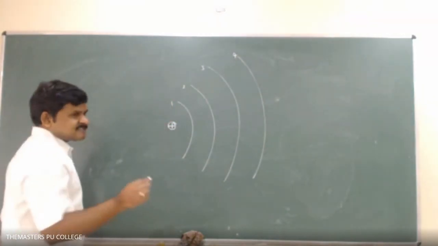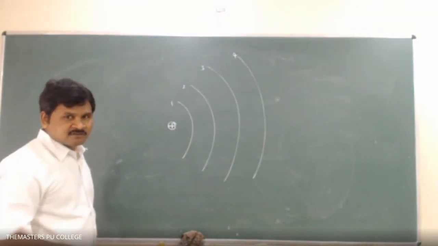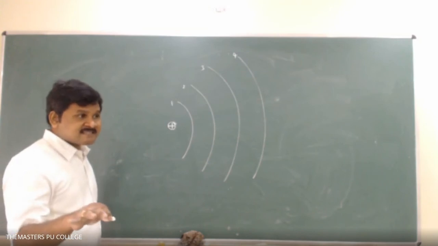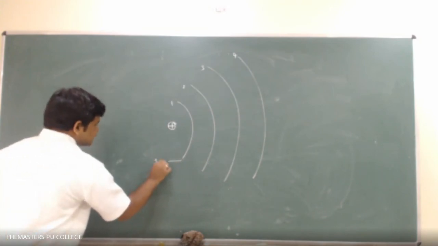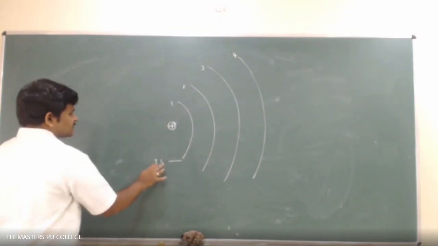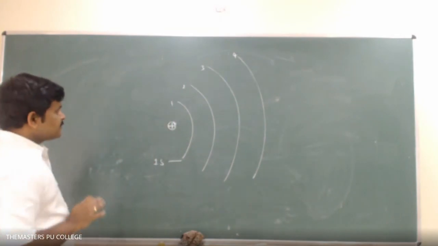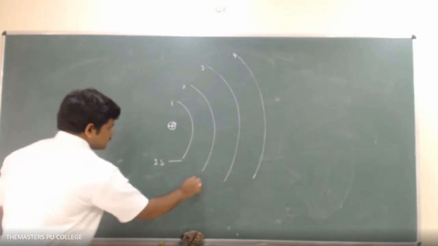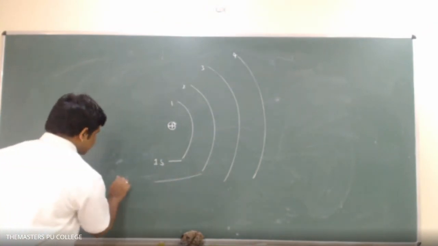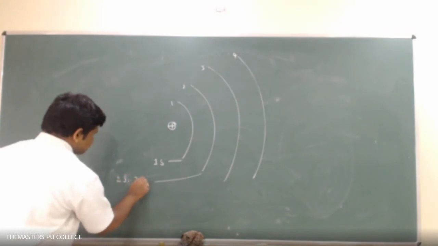First shell has a subshell, that is 1s. Second shell has how many subshells? 2 subshells: 2s, 2p.